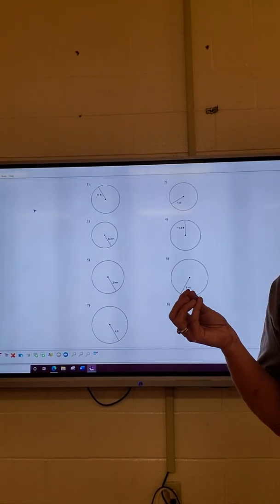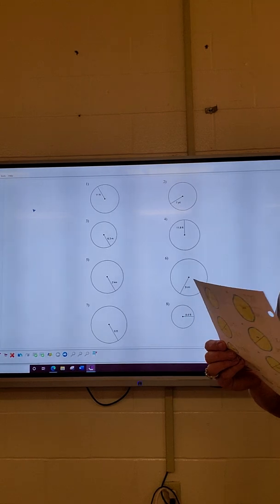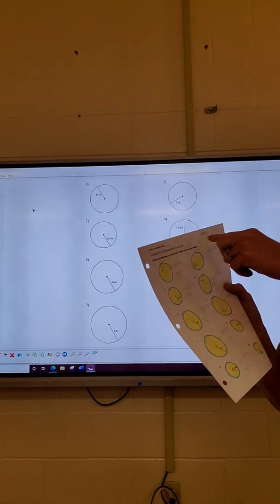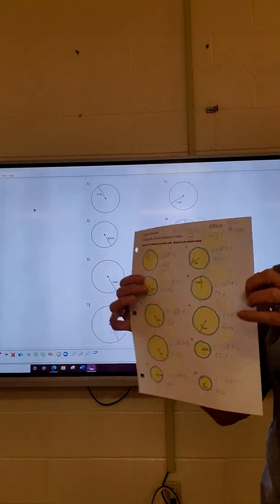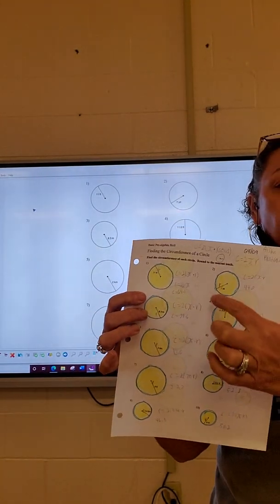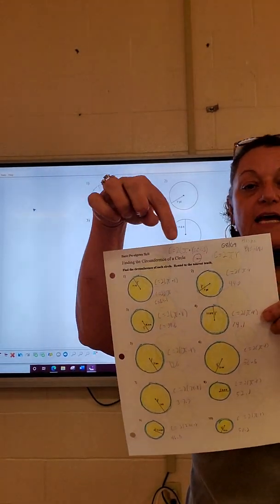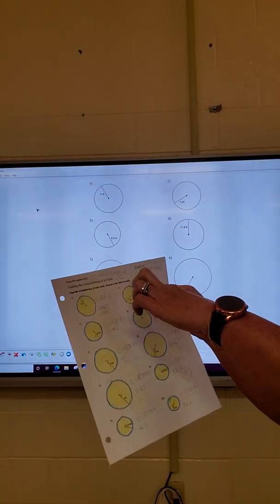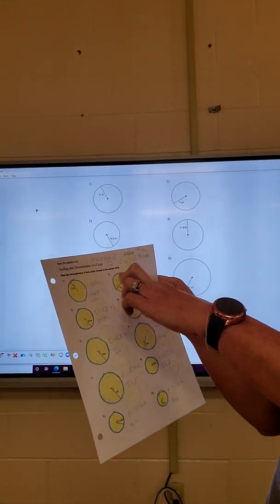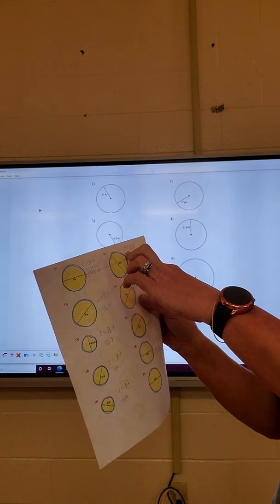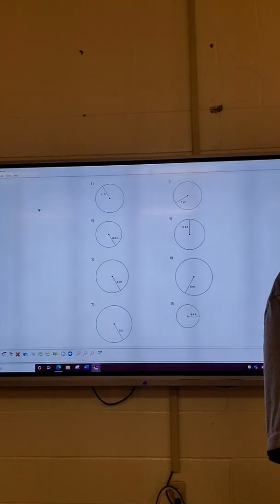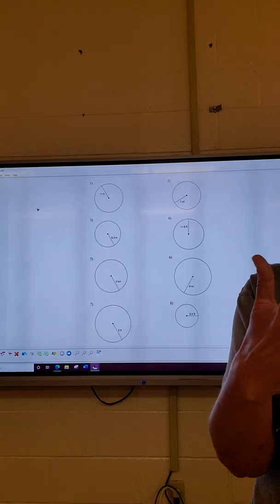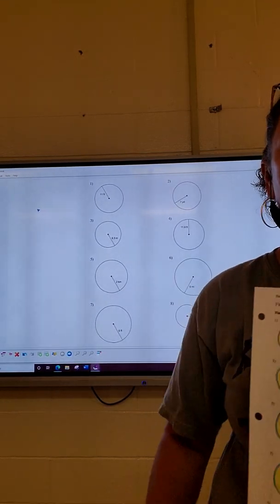Basically, if this is Aisha's paper, she did the circumference in blue. So we would shade C equals 2 pi r that same blue, and C equals pi d that same blue. In other words, this is the formula I use to find that blue for each circle.